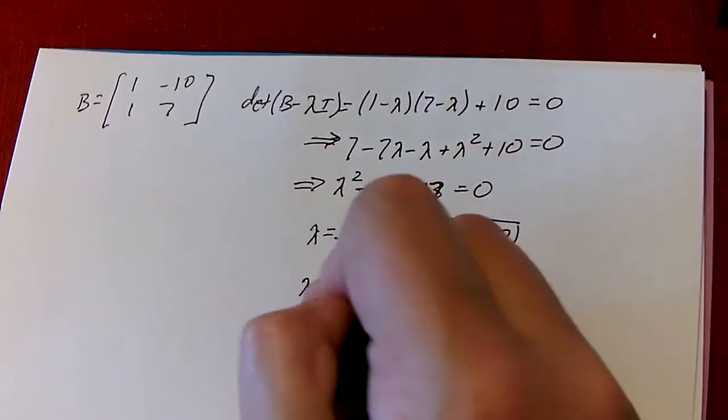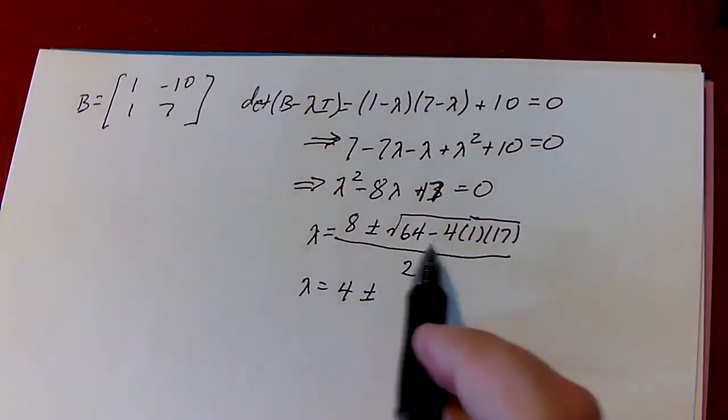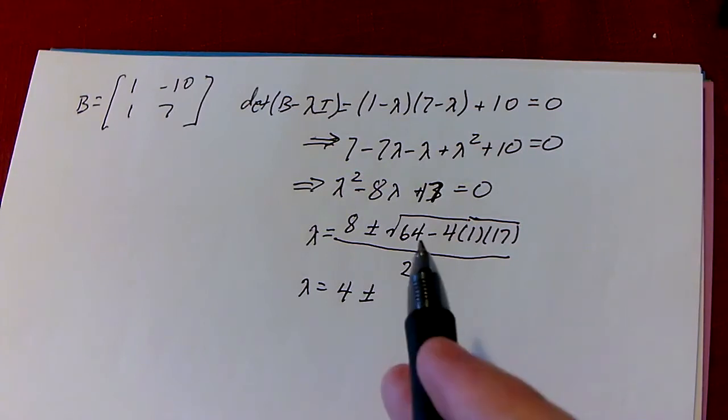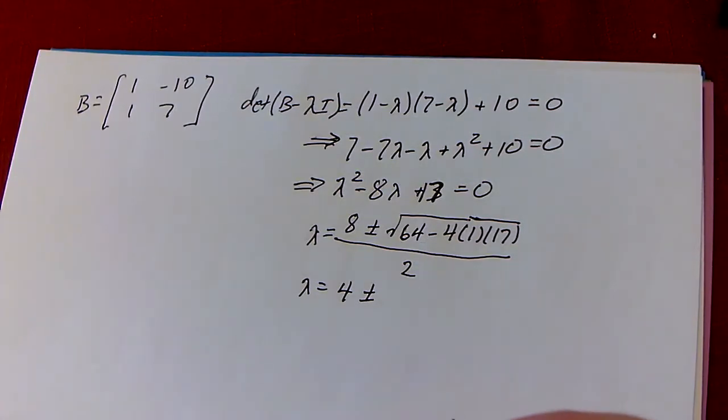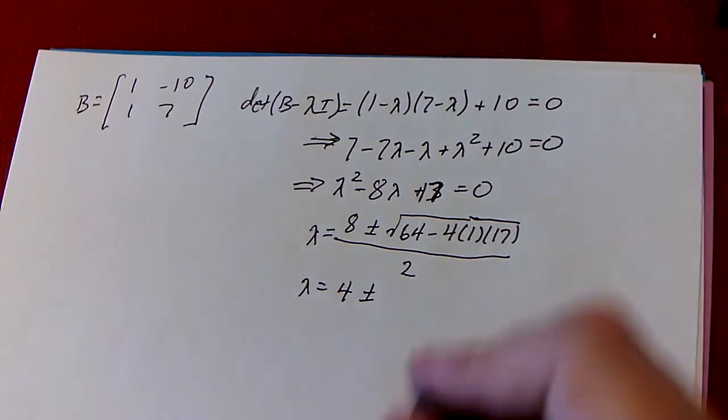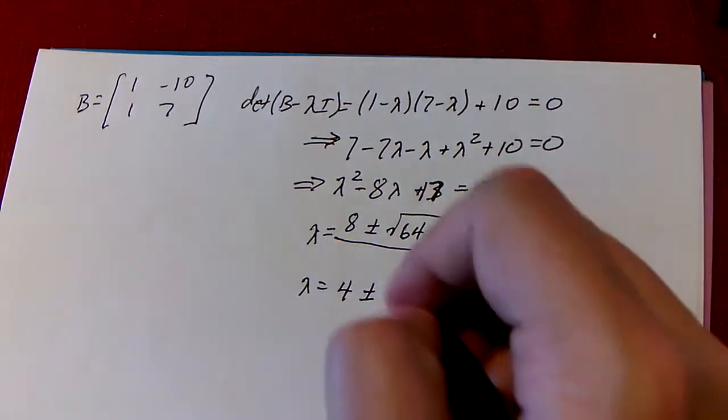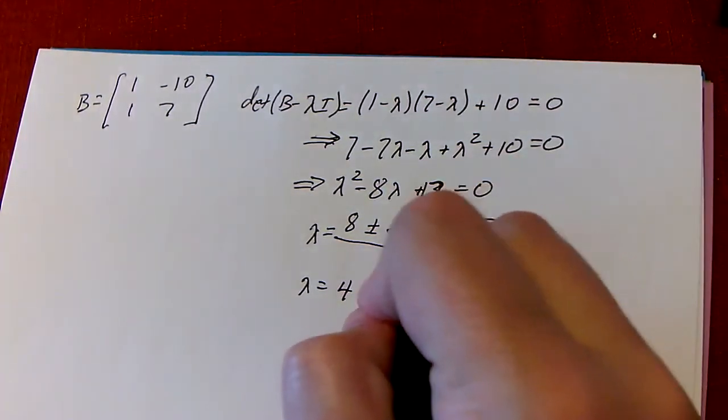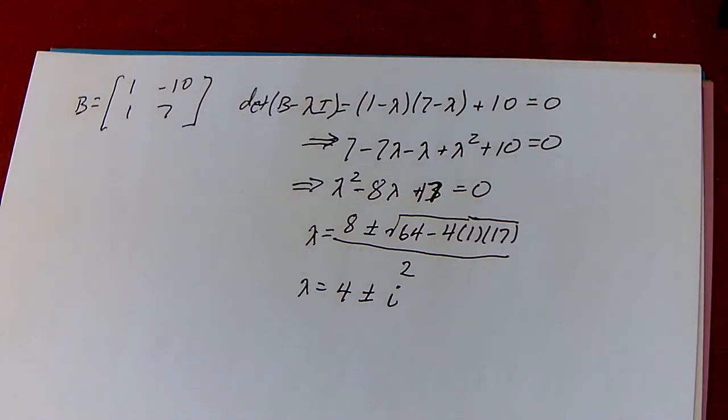So lambda is going to be 4 plus or minus 64 minus 68 is going to be 4, but negative. So negative 4 under the square root. So I get negative 2i divided by 2. So I just get 4 plus or minus i.